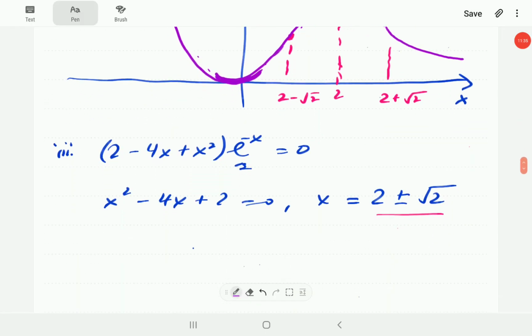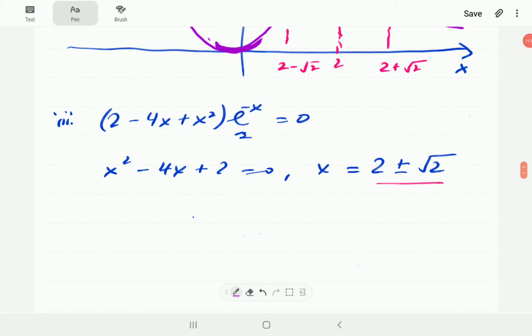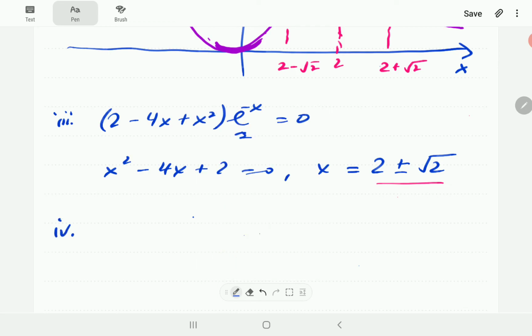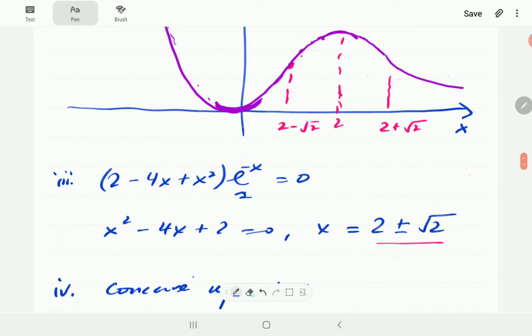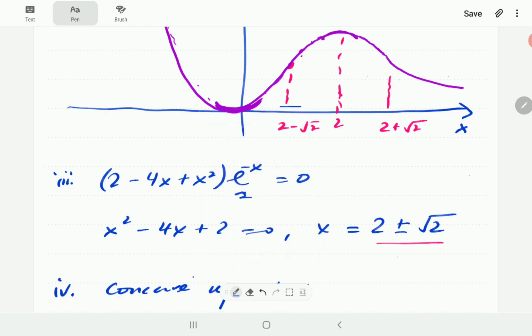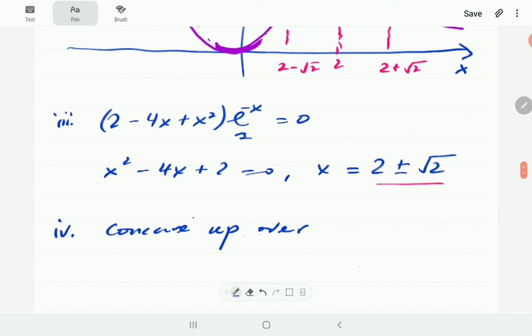All right, so now let's just write down the concavity intervals. So we can see that this is going to be concave up everywhere between 2 minus root 2 and negative infinity, and then the right hand side of 2 plus root 2, it's concave up as well.